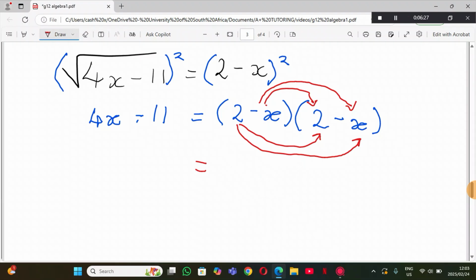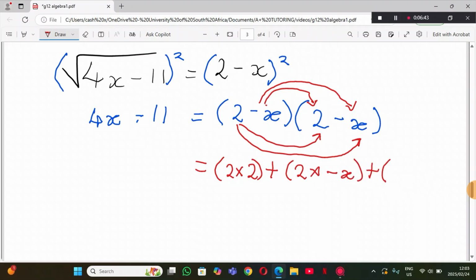Okay, I'm gonna open brackets where I'm doing step by step. I'm gonna show the times. Okay, 2 times 2 is our first step, and then plus 2 times minus x, right?